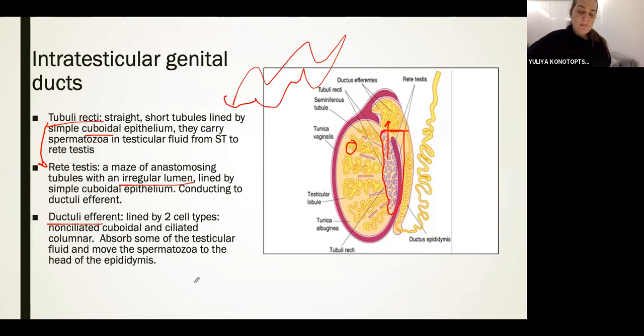Now, starting from the vas efferent, this is the area where we start to absorb some of the testicular fluid. Because what you should understand is that these spermatozoa are not traveling by feet. They're traveling within testicular fluid.